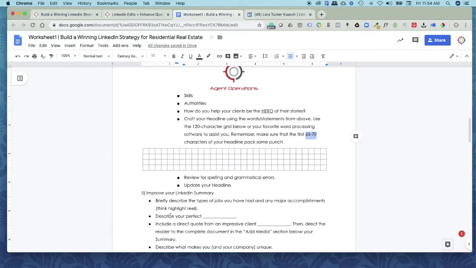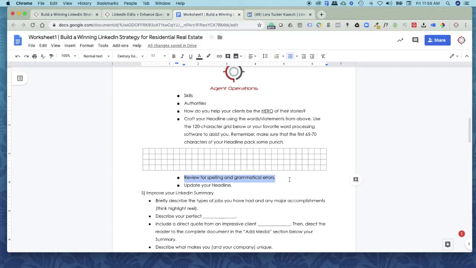If you're in a list of results with other profiles, it's going to show the first 65 or 70 characters in that headline preview. So you really want the most meaty keywords, the things you want people to see, in those first 65 to 70 characters.